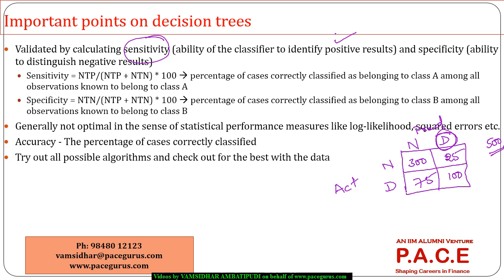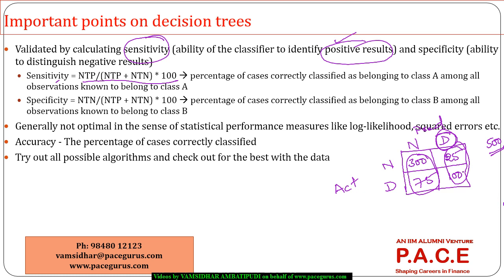Now, to what extent is it able to identify the positive results? This is my prediction of positive results. And specificity is to what extent it's able to identify the negative result. The sensitivity typically is measured as the number of true positives.